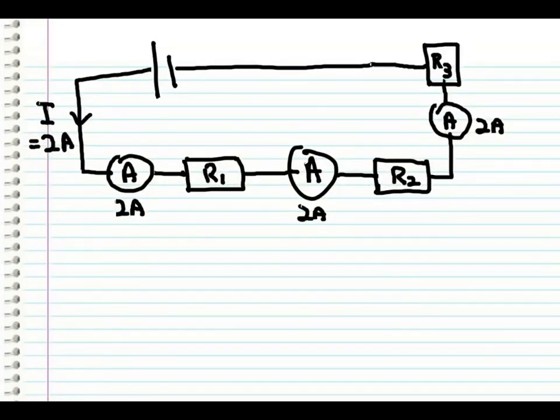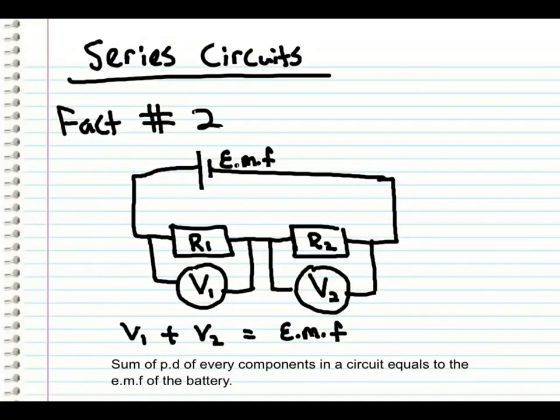This is the case for a series circuit. Now for fact number 2, when you have resistors arranged in series, the sum of the potential difference of each resistor is always equal to the EMF of the battery. This is simply conservation of energy.